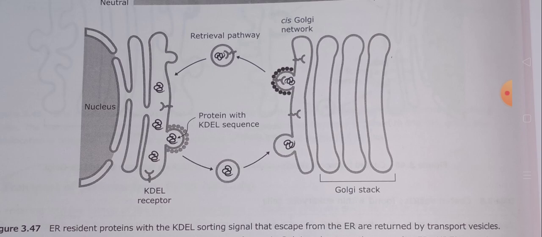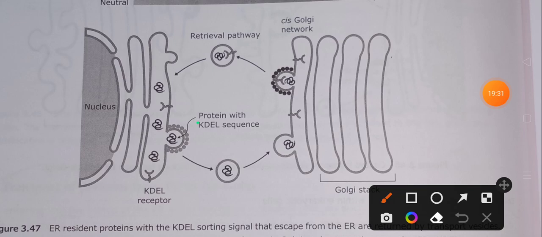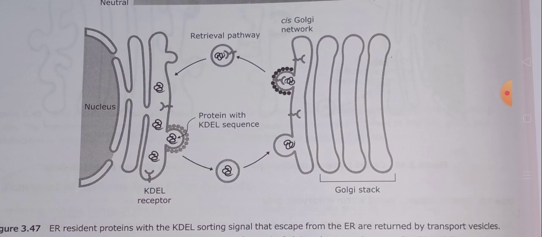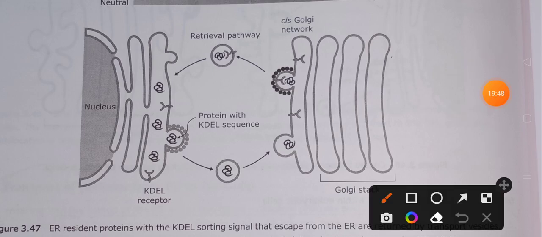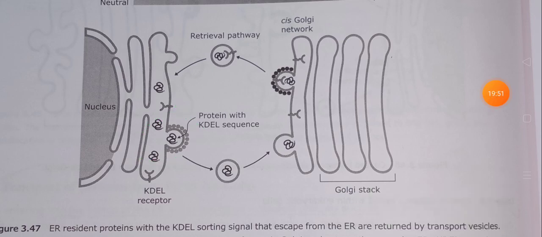So that is the reason why these resident proteins are retained in the ER lumen, and if they somehow are transferred to the cis Golgi by mistake, they will be retrieved back. Obviously in both the cis Golgi as well as the endoplasmic reticulum lumen, there will be some KDEL receptor.